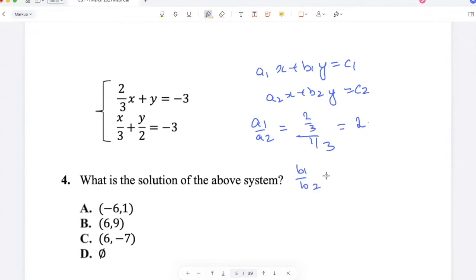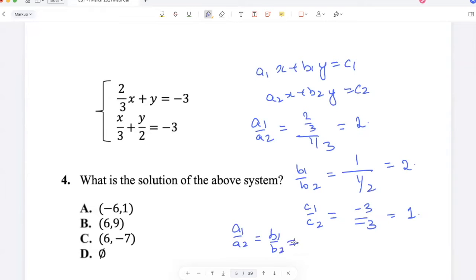We find b1 by b2, so that's 1 by 1 by 2, so that's also 2. And we find c1 by c2, which is minus 3 by minus 3, which is 1. When a1 by a2 is equal to b1 by b2, but that is not equal to c1 by c2, as we see here, then this has no solution. So this is a null set, option D.